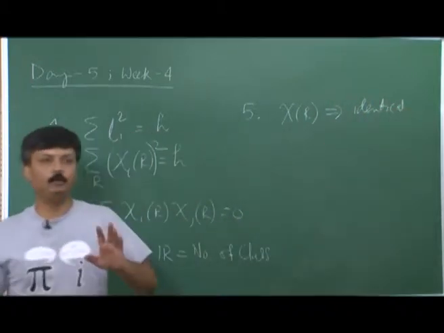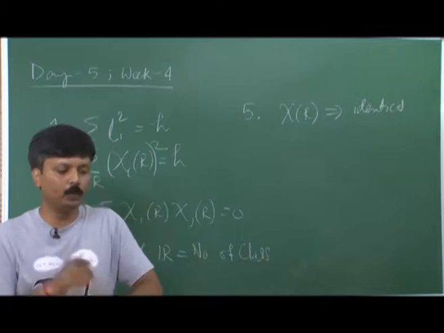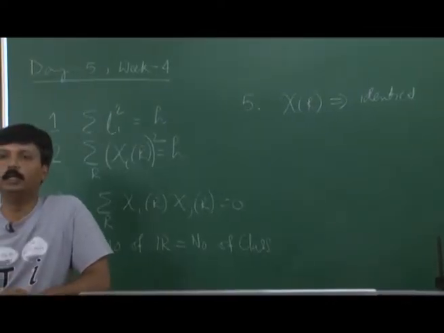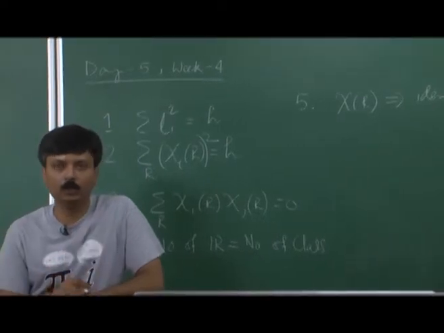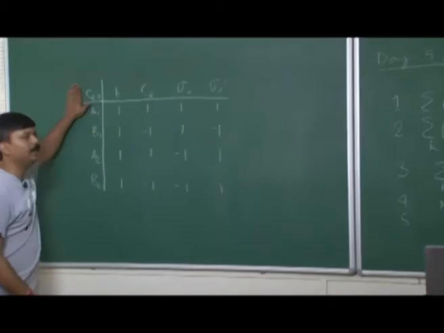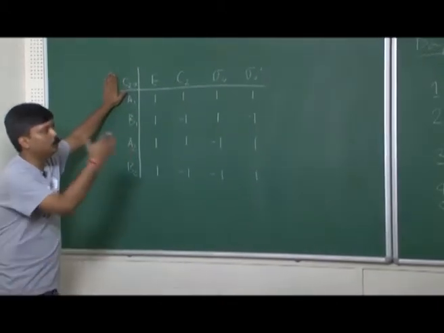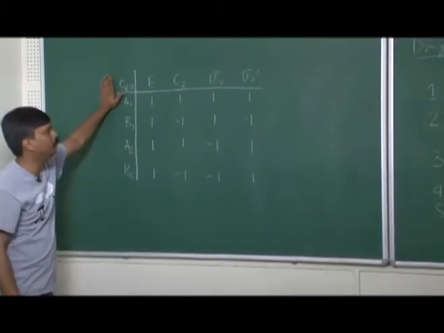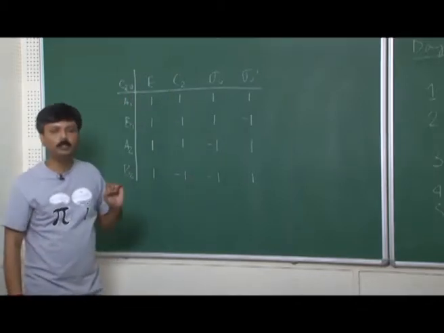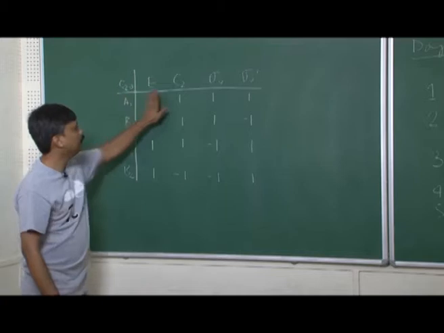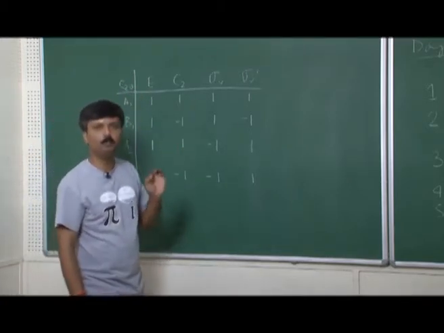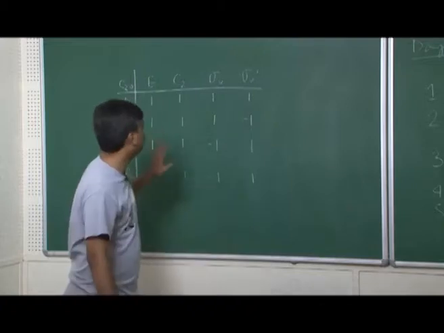After getting these 5 rules, we took the example of the point group C2V to illustrate them. Using those 5 rules, we could form the character table for the point group C2V, and this character table contained all the irreducible representations that are possible for the point group C2V.